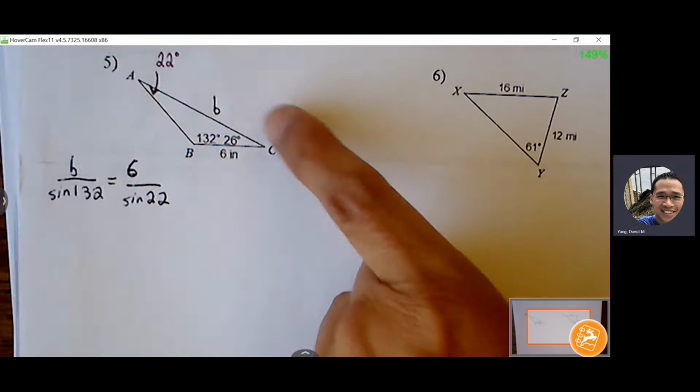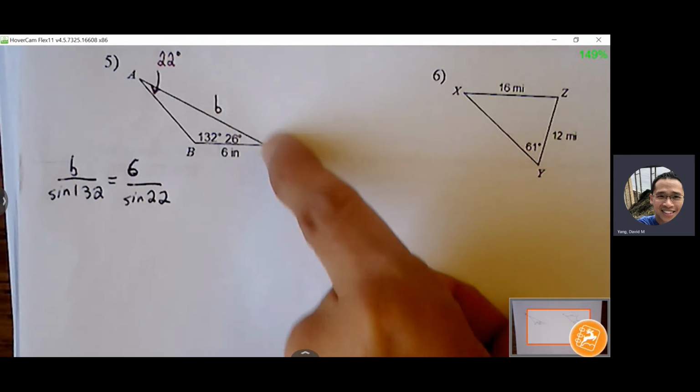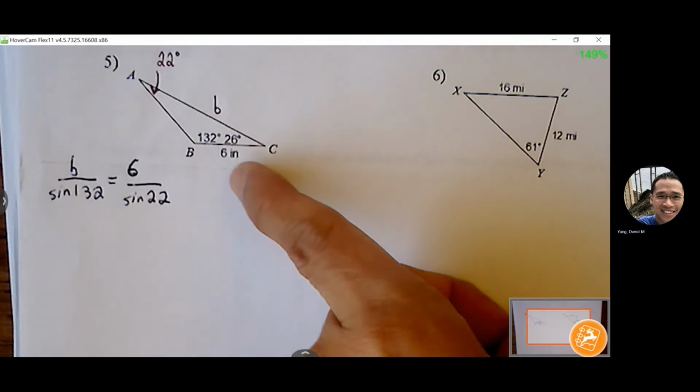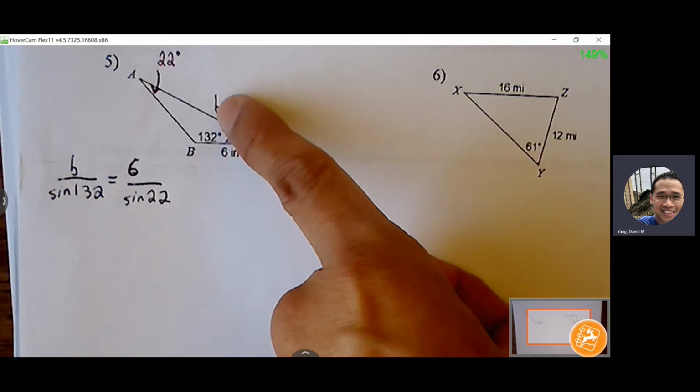Once you have side B, then we're in the clear, right? We can do side angle side involving 6, 26, and whatever side B is.